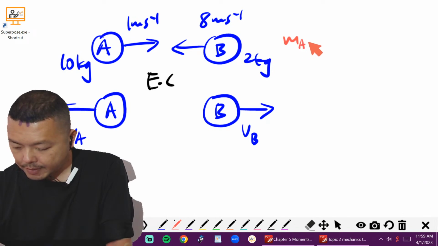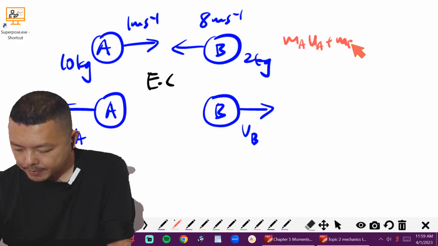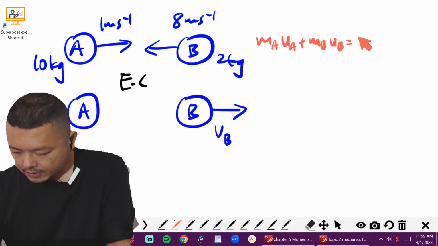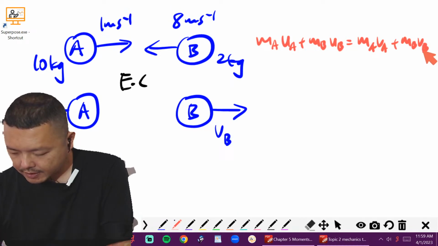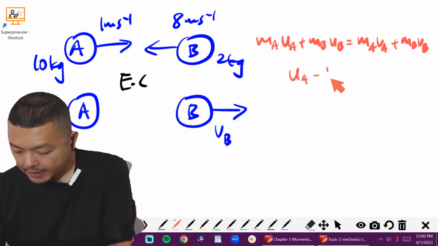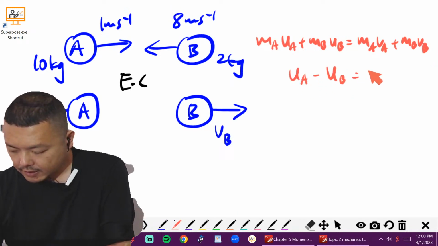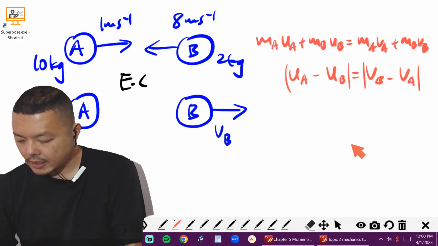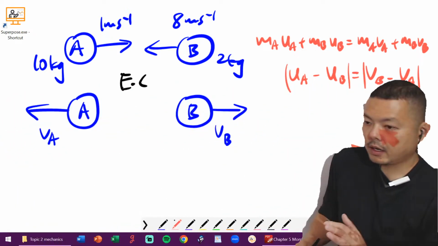You have MAUA plus MBUB equals MAVA plus MBVB, followed by UA minus UB equals VB minus VA. Both of them, okay?